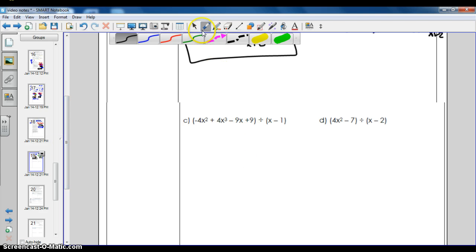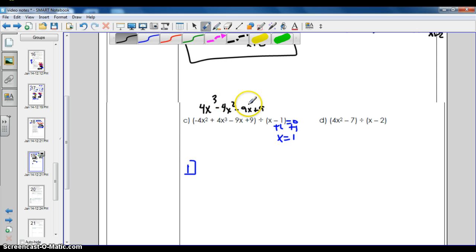We'll work through this one kind of to get started, but it's really important that you don't go too fast and that you take your time. So x minus 1, x equals 1, so that's what goes in our box. Our coefficients in order, making sure there's nothing missing, so 4x cubed minus 4x squared minus 9x plus 9.